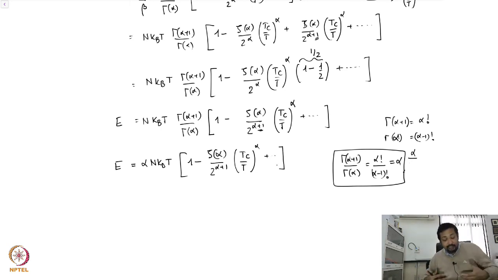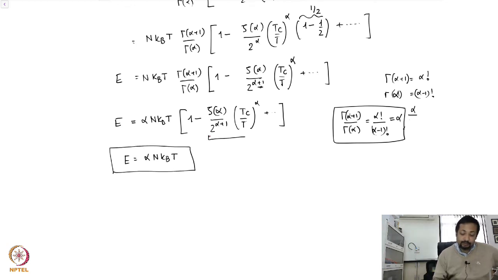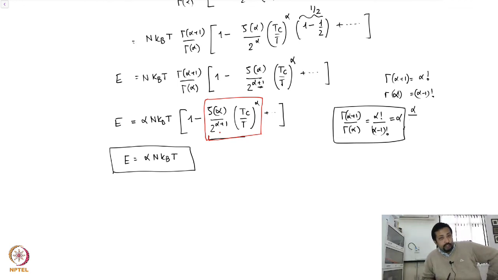So at really high temperatures, you recover the classical result of E is alpha nkBT. And this term, the term that you see over here, is the first order correction as you come down in temperature. This is the first correction that you will notice.